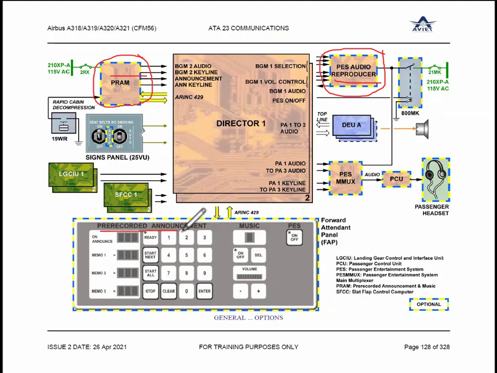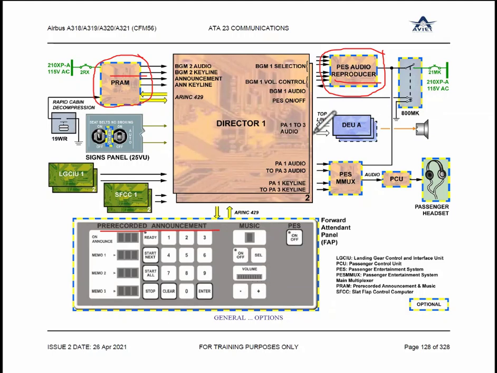The pre-recorded announcement page is in the bottom part of your FAP. So they can select here on the forward attendant panel a respective memo message, respective channel, start next, start all. This is an operation panel that is available. They can select a particular music channel, adjust the volume and play it.